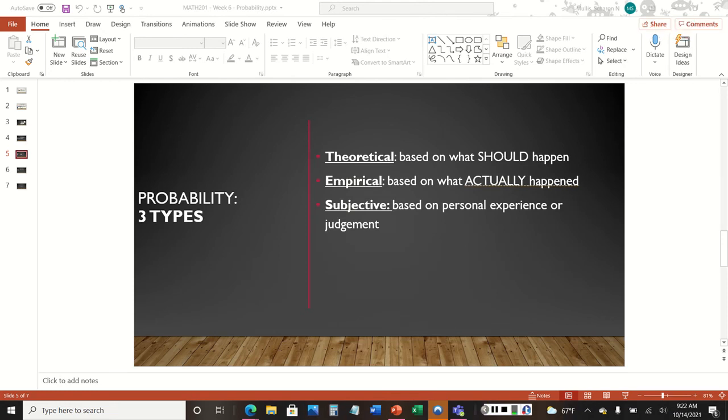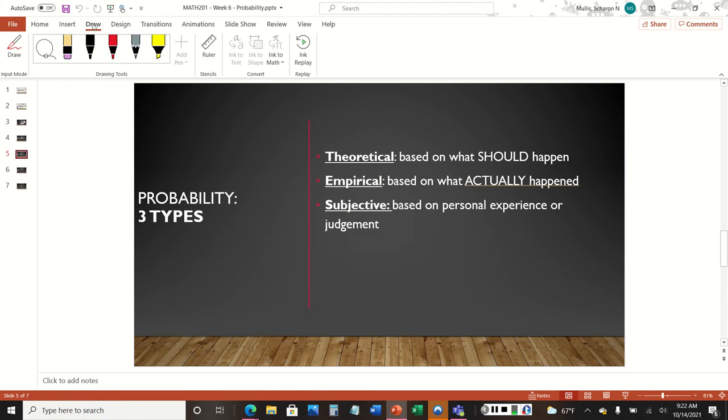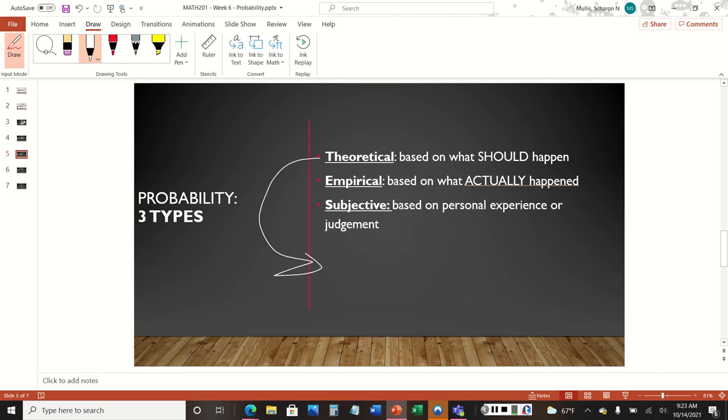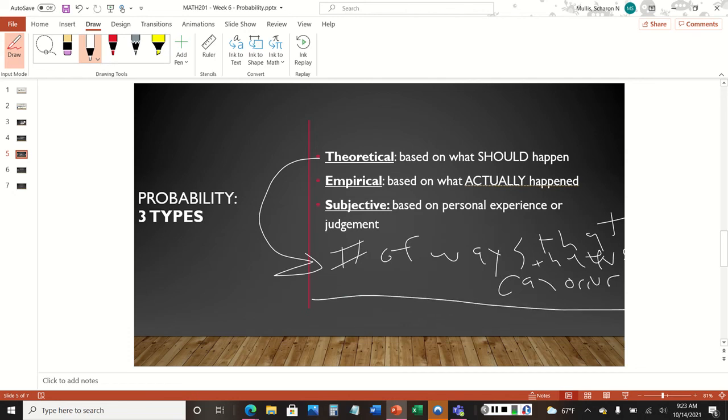So to calculate theoretical probability, again, we take the number of ways that the event can occur, and we divide that by the total number of outcomes.